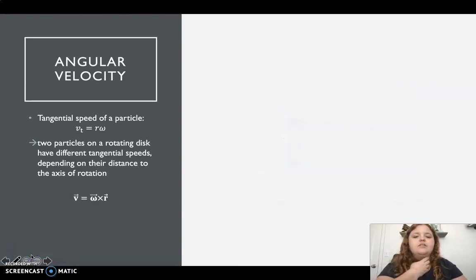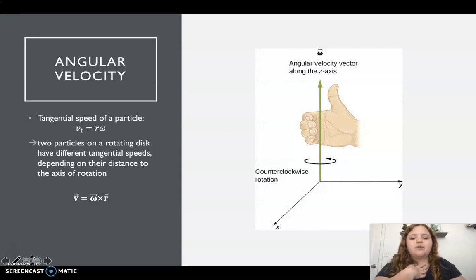All right. So, we can relate our velocity with the angular velocity and our radius, okay? So if we have an angular velocity vector that is along the z-axis here, okay, then we will have counterclockwise rotation.